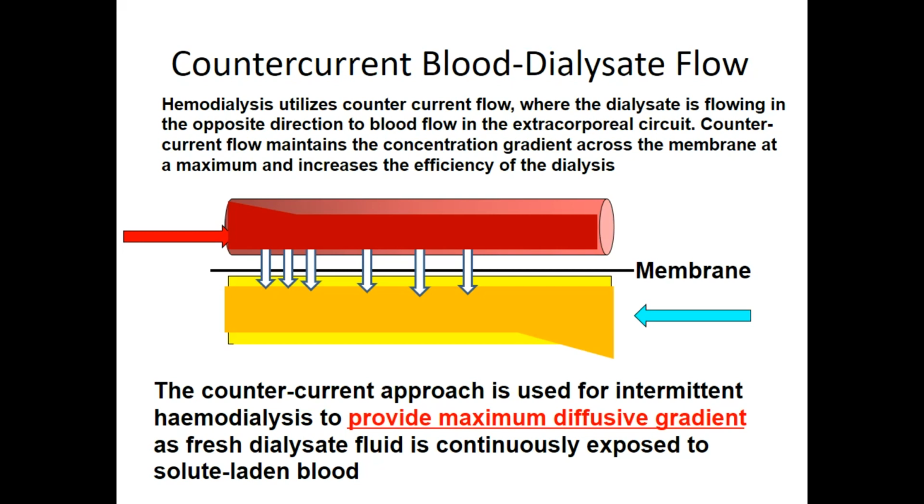The countercurrent approach is used for intermittent hemodialysis to provide the maximum diffusive gradients and the maximum removal of uremic toxins, as fresh dialysate fluid is continuously exposed to solute uremic toxin-laden blood.